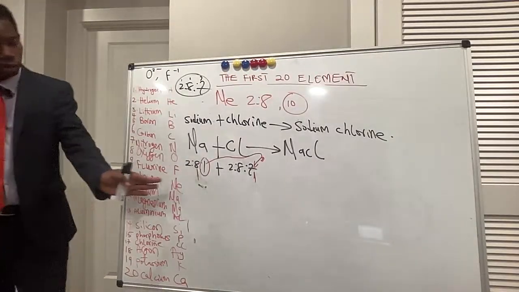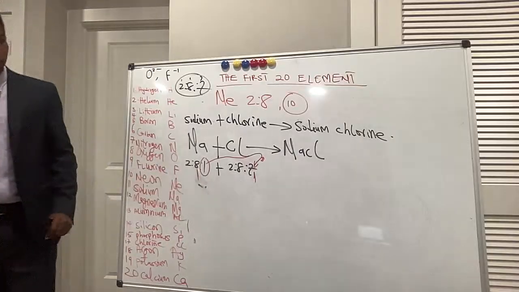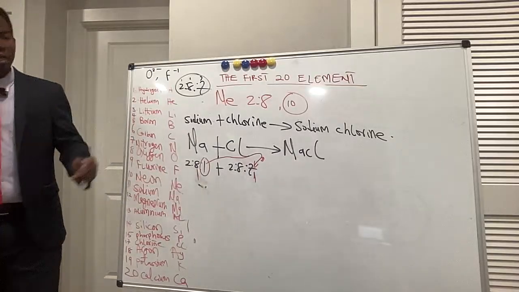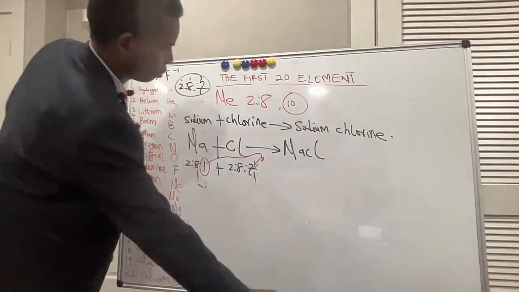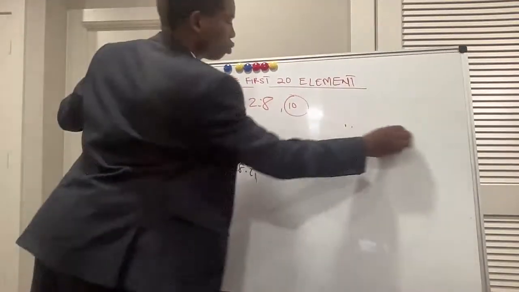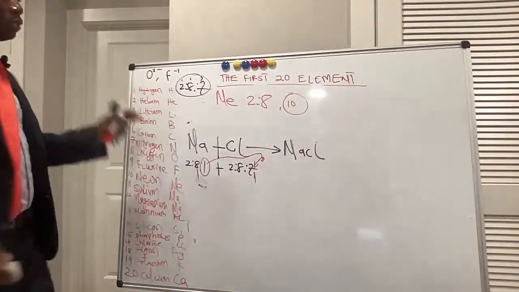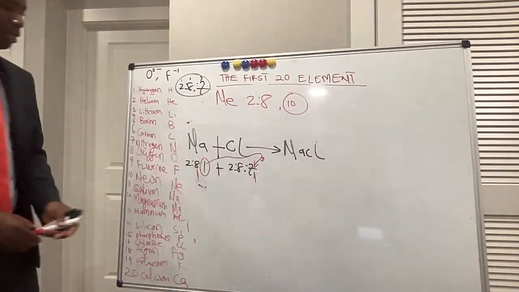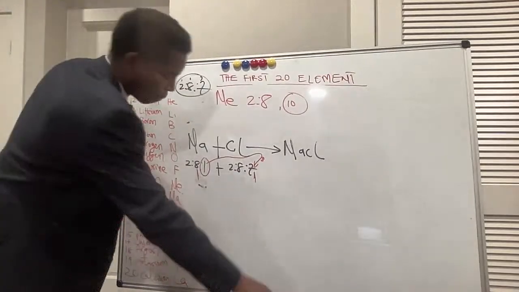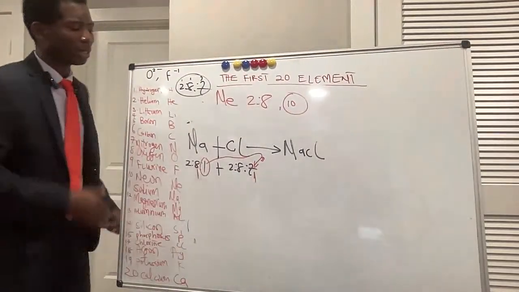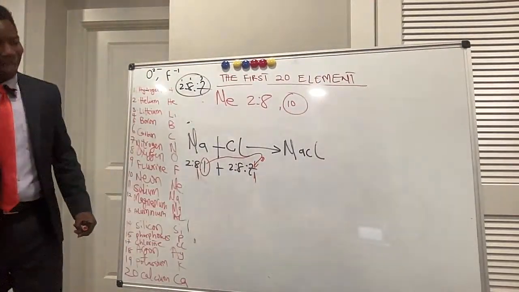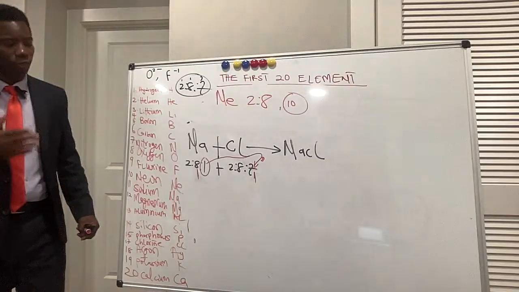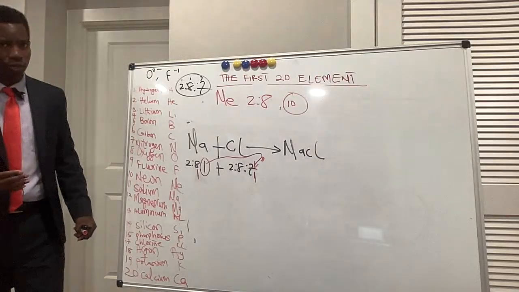Now, I want us to look at this reaction properly. When sodium reacts with chlorine, it produces sodium chloride. I want us to look at what happened to the outermost electron of the respective elements, that is sodium and chlorine.